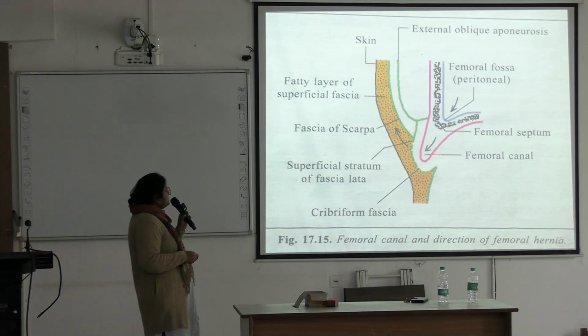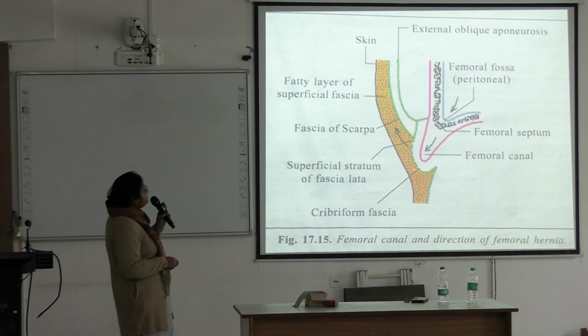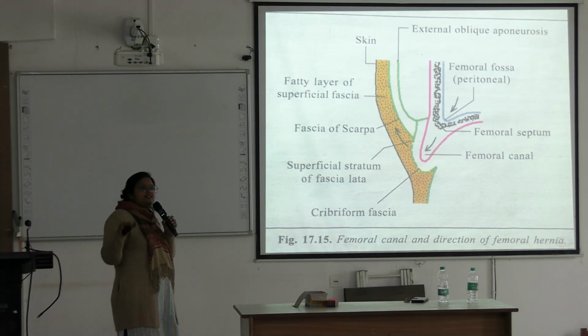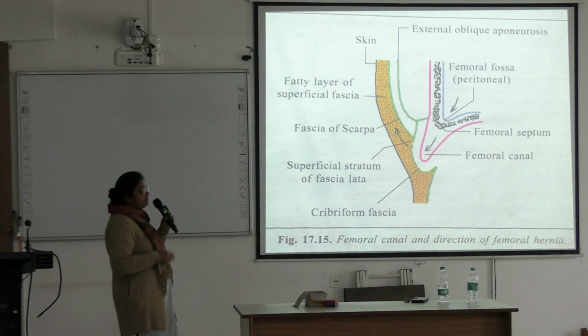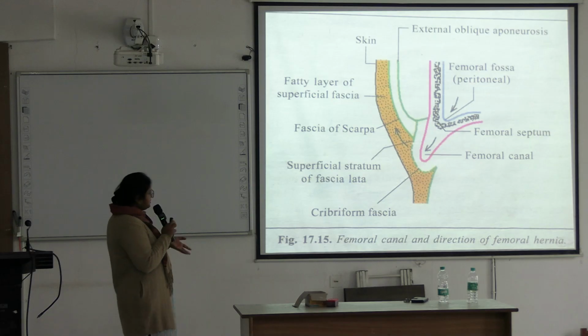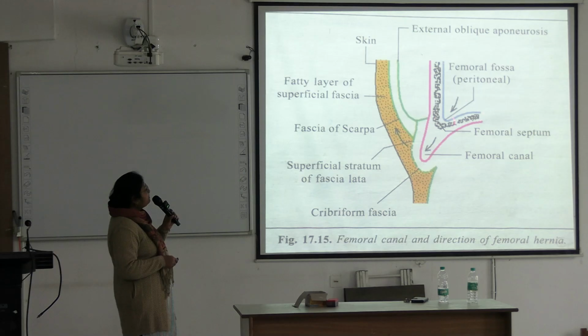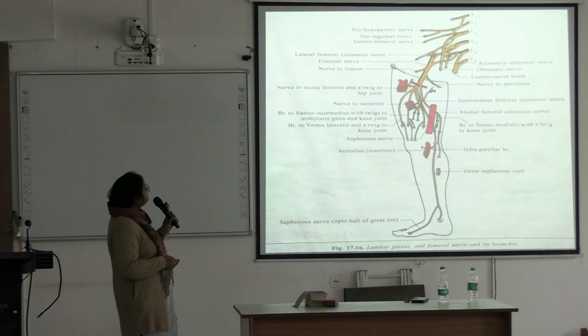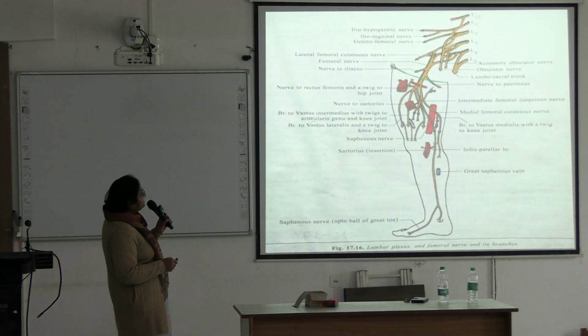Here is the formation, and this is the cribriform fascia which is covering the saphenous opening. Through the fine openings different superficial branches of the artery and lymphatics are passing. Also the great saphenous vein is passing, and this is one peritoneal fossa due to formation of the femoral sheath, the femoral fossa.